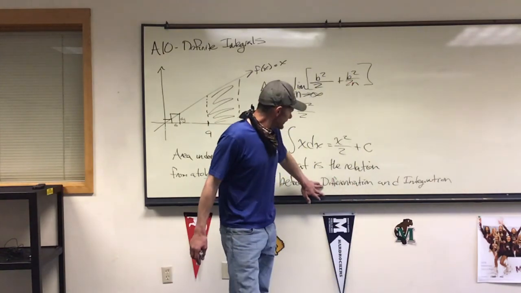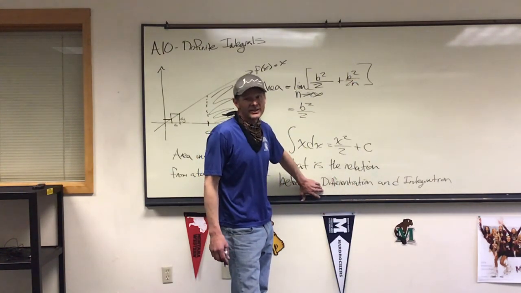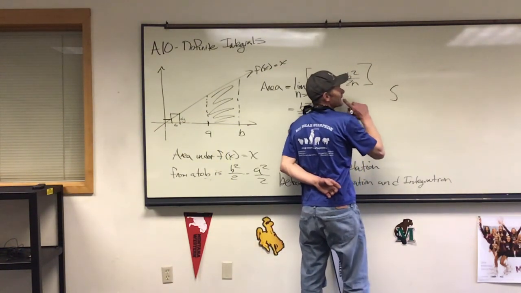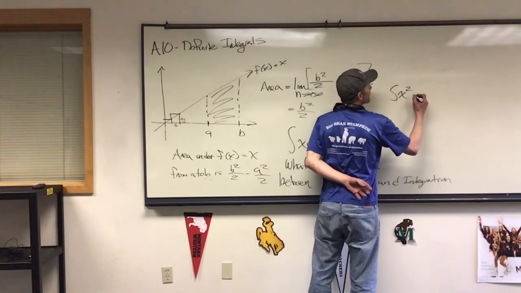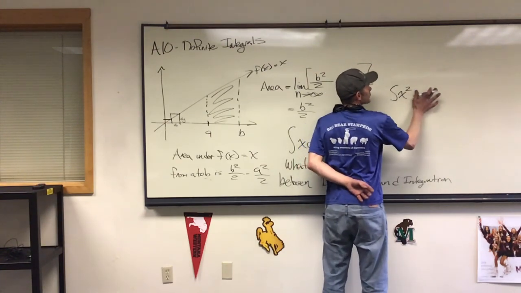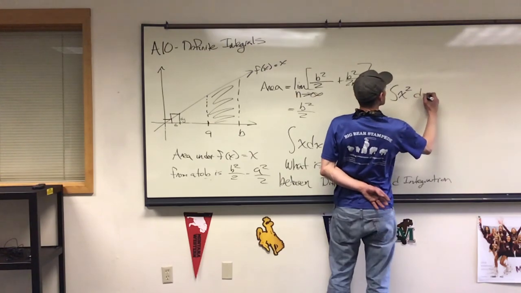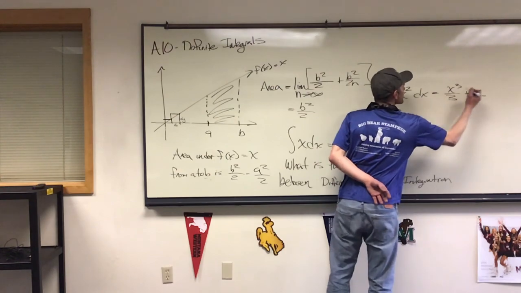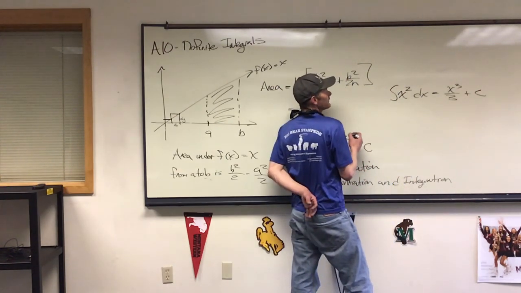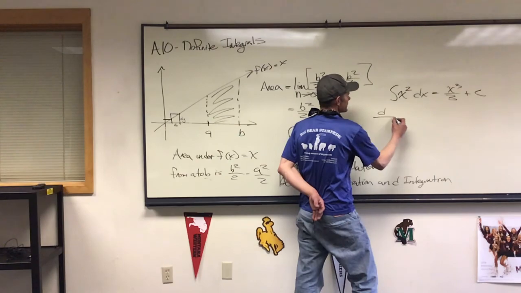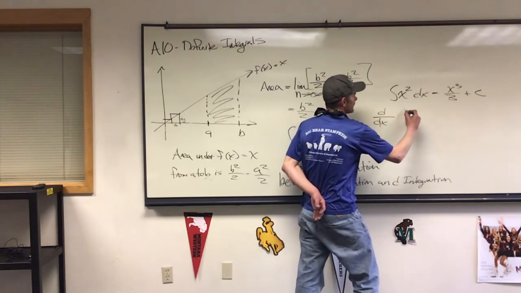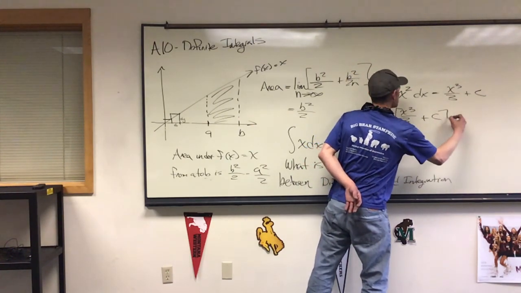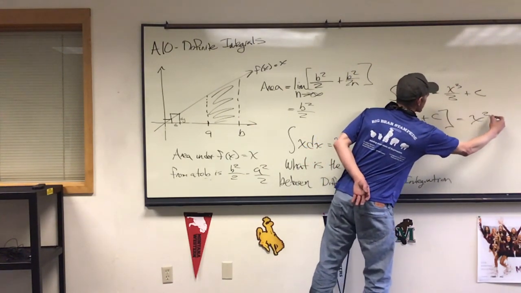We might suspect that differentiation and integration are inverses of each other already, right? Because if you take the integral of x squared dx, you will get x cubed over 3 plus some constant. But of course, if you turn around and take the derivative of x cubed over 3 plus c, you will get back where you started, right?